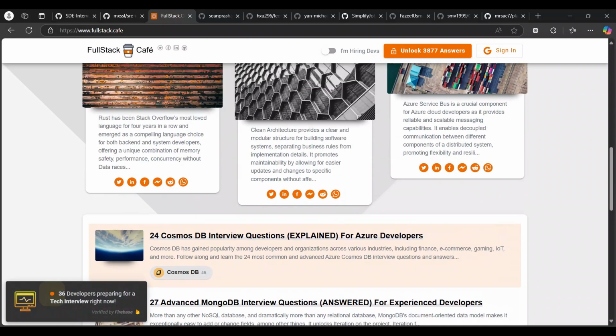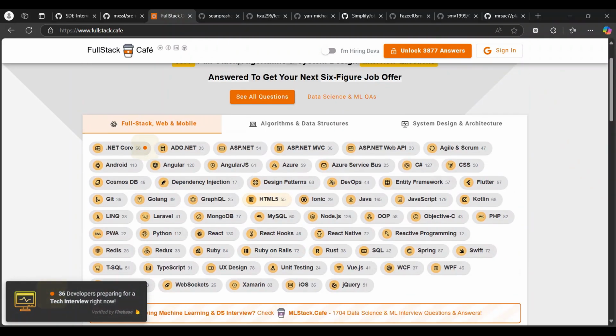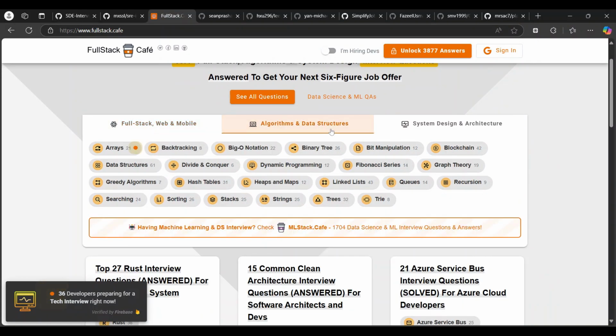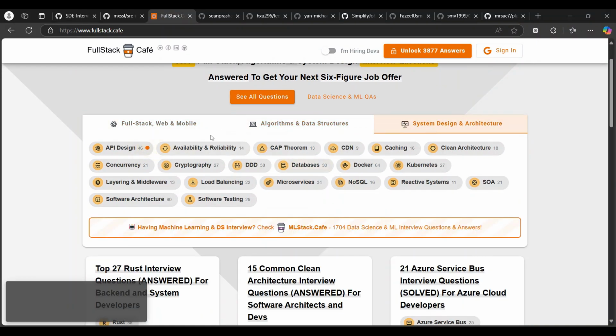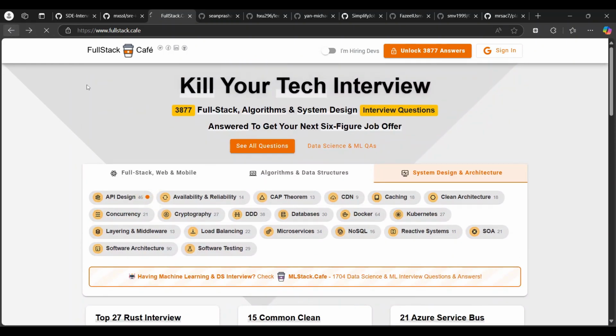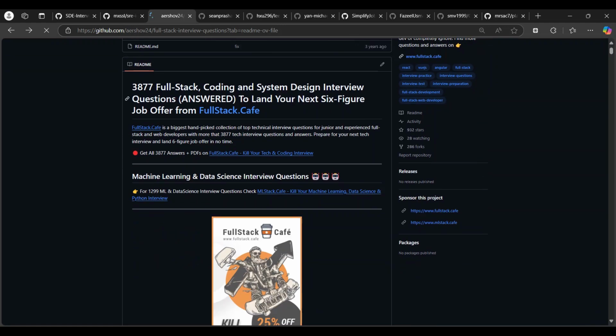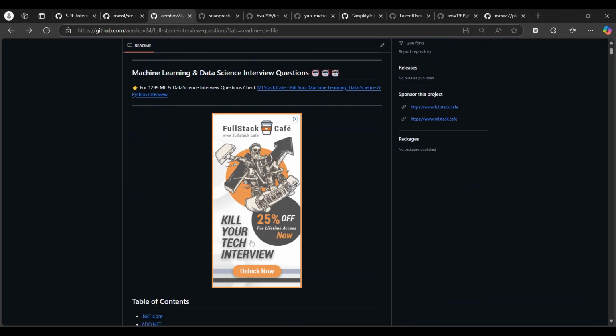If you're looking for full stack, then all the combinations, all the data structures, and all the system design architecture, you can refer to this website. Getting back, they have their book also, you can refer to this book of interview questions, and it's also an ebook, I guess.